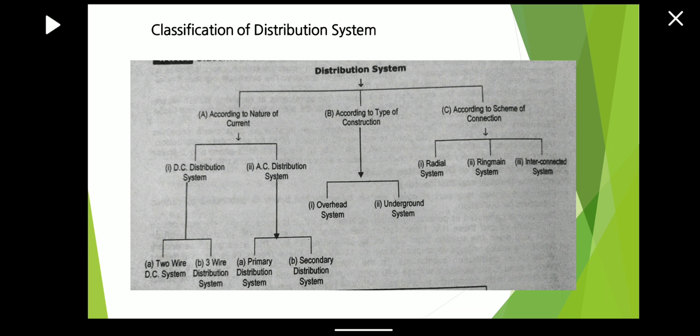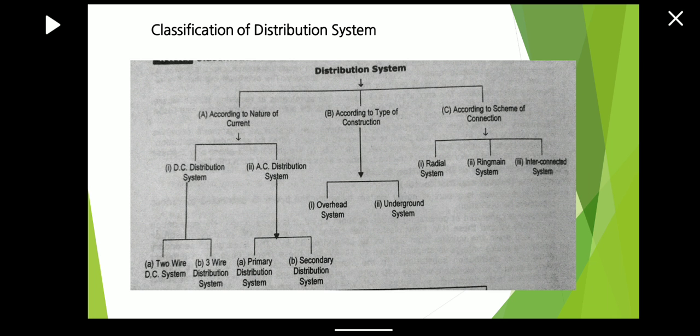The DC distribution system is classified into 2-wire DC distribution system and 3-wire DC distribution system. The AC distribution system is also categorized into 2 parts: primary distribution system and secondary distribution system.